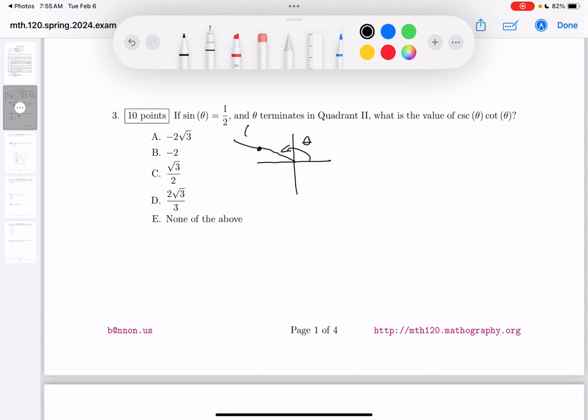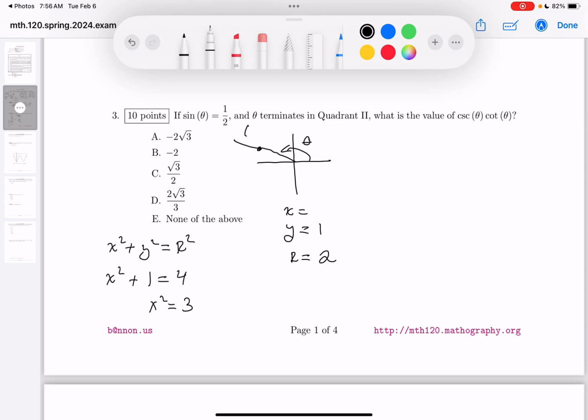And I know that, let me just write this down, x, y, and r. I know the r is 2, the y is 1. Let me remind you, x squared plus y squared is equal to r squared. Well, I don't know what x squared is. y squared is going to be 1, and r squared is going to be 4. So x squared would equal 3.